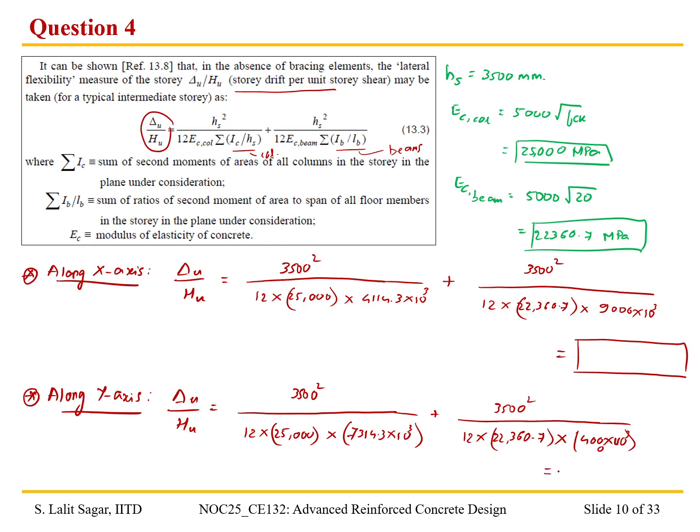So we'll get the value of delta U by HU along the y-axis. What are these values? I'm getting a value of, let me take another color.